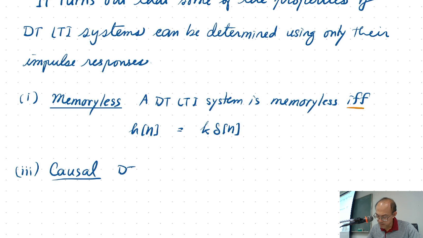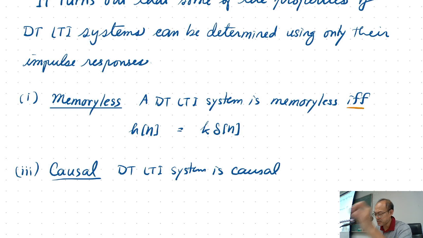A discrete time LTI system is causal. Do you remember what a causal is? A causal means that the present output doesn't depend on the future input. I'm not sure if you recall it. Again, a causal system means that the present output does not depend on the future input.